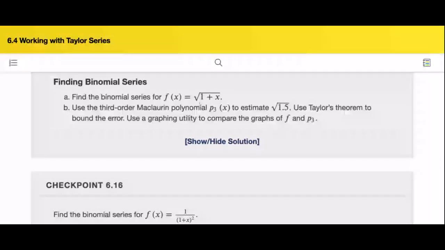By the way, when you punch it into the calculator, it is doing exactly such a process, but it depends on the function. If we approximate the square root of 1.5, probably it's just this function, square root of 1 plus x. If we want to approximate the square root of 2.5, it might be 2 plus x, and so on and so forth. Okay, let's see this example.